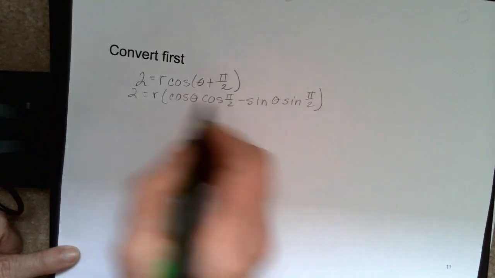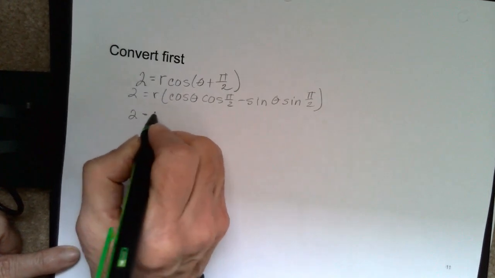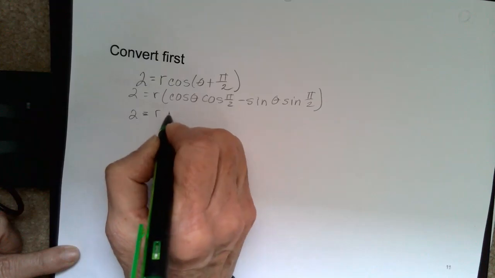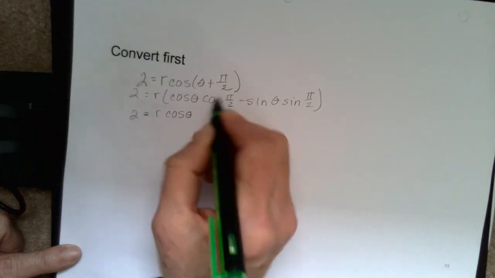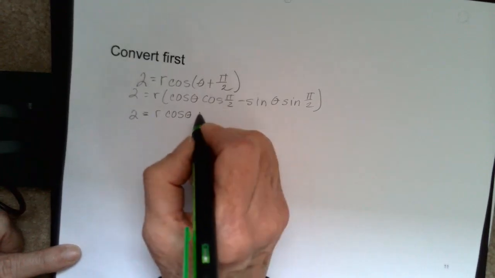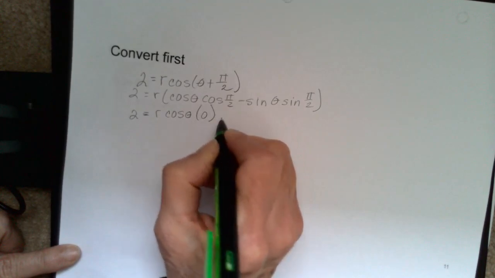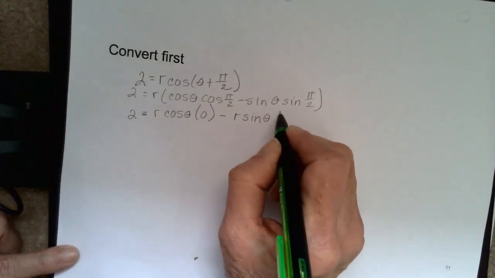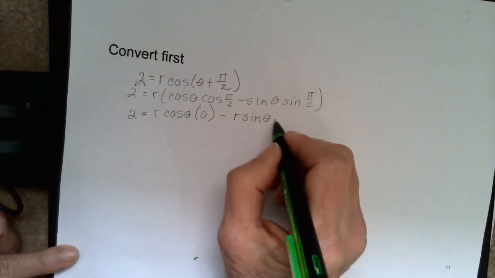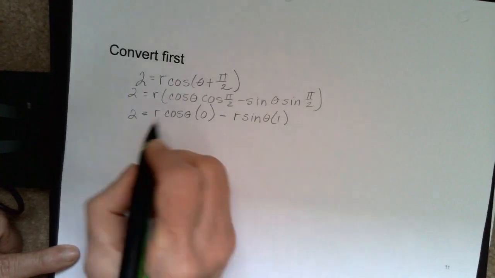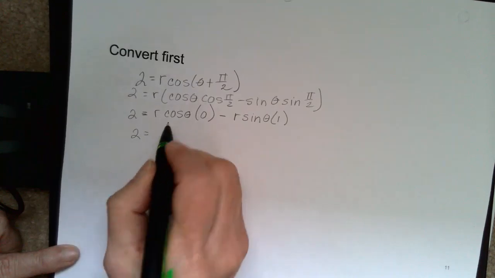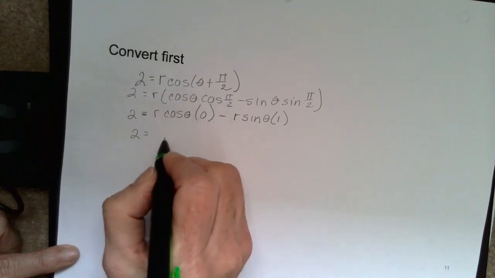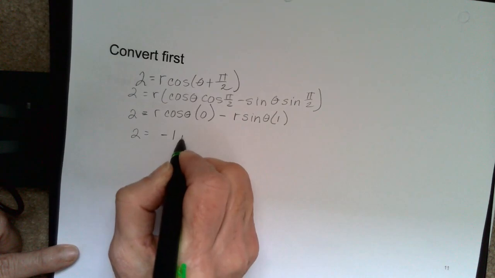Okay, and then I can distribute and come up with my values. So I have r times the cosine of theta. The cosine at pi over 2 is going to be 0. And then r times the sine of theta. The sine at pi over 2 is going to be 1. So right now I have 2 is equal to, this is going to be 0, so negative 1y.